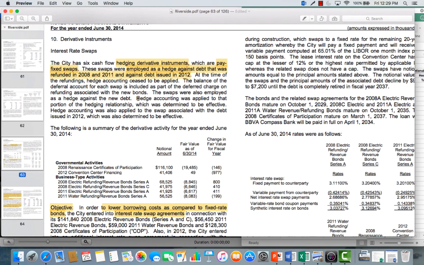And then you're kind of going to be going back and forth, because although the questions in the assignment and the tabs in the Excel file are in the order of how the requirements are listed in Statement 53, they may not present everything in exactly the same order.